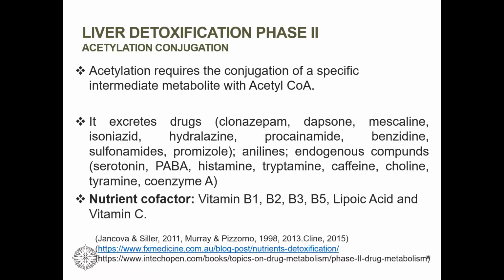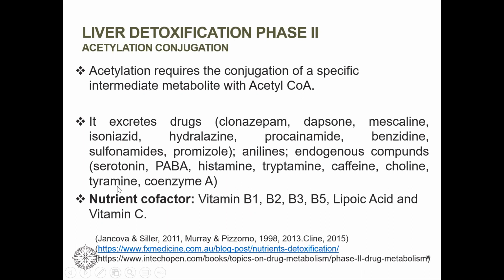Two more to go. So one is acetylation. As the name suggests, it uses acetyl coenzyme A to conjugate intermediate metabolites. So whenever somebody is taking any of these drugs, then this pathway is upregulated.